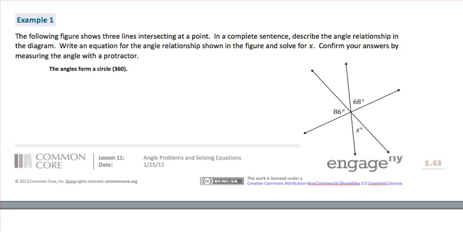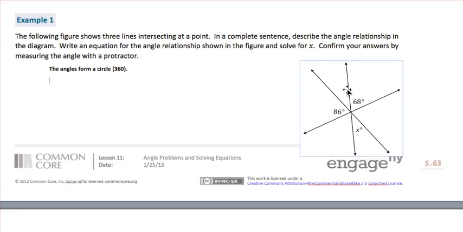But of course, we have 3 missing angles. So in order to find our angles, we want to first of all find a straight line in which we know all but one of the angles. And I see one right here.